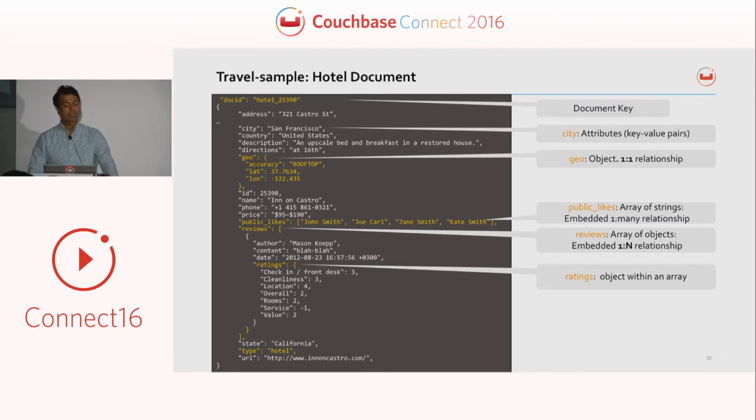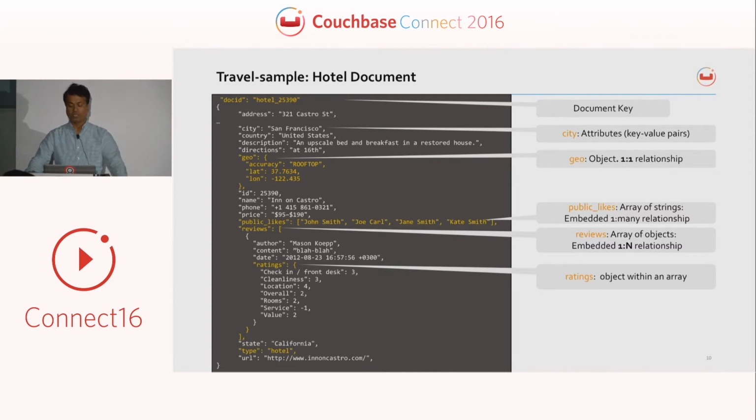Same thing with the geo object. City was a simple key value attribute. Geo is an object. You can have an object in there representing complex information within the hotel, and because each hotel has only one geo information, it's a simple object containing its accuracy level and lat long.